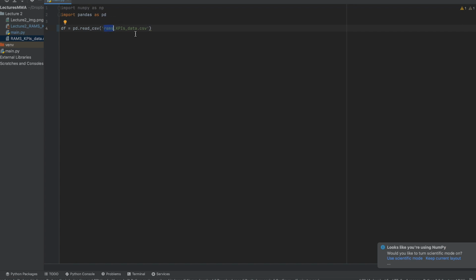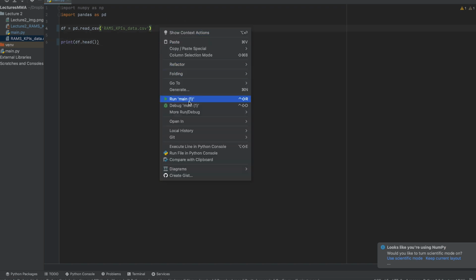Let's put this in caps. Okay, we have it here. Okay, and then we're going to print the first 5 rows of the data frame. Let's run.